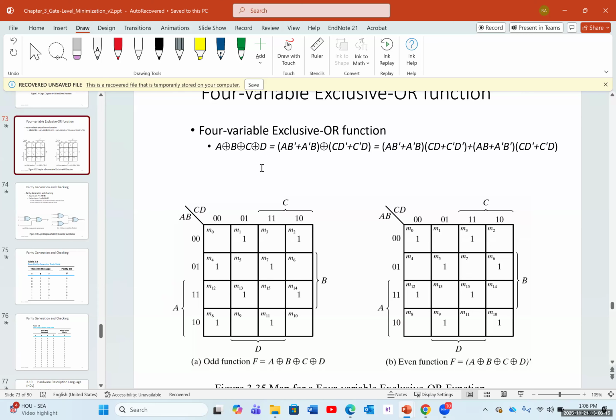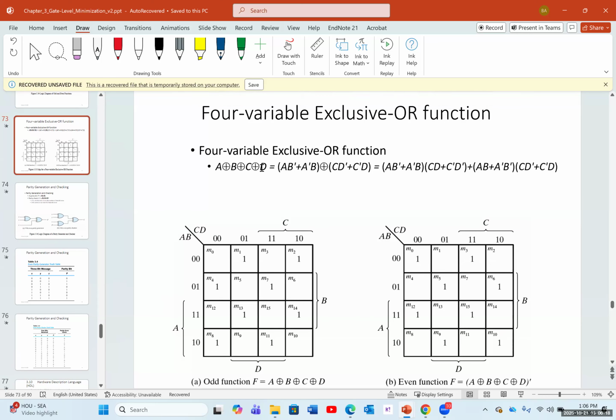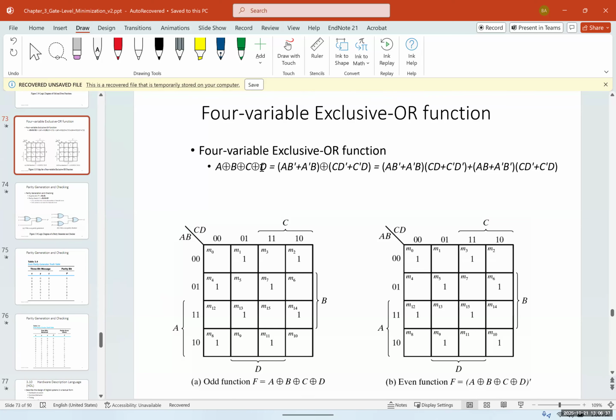So for a 4-variable exclusive OR function, we will have to draw a 4-variable K-map. And on the left, again, you can see the odd function. And in this odd function, M1, M2, M4, M7, M13, M8, M11, and M14 are ones.